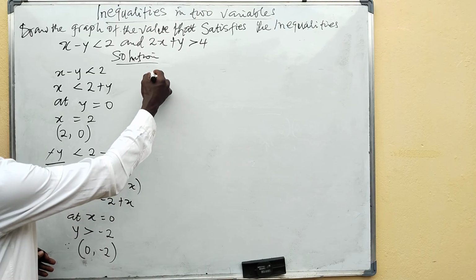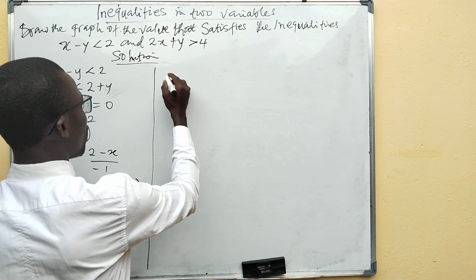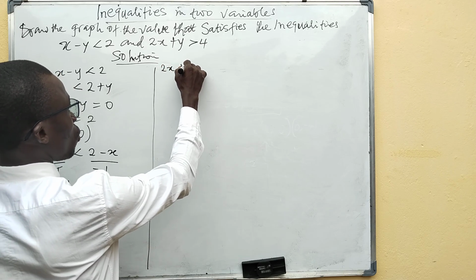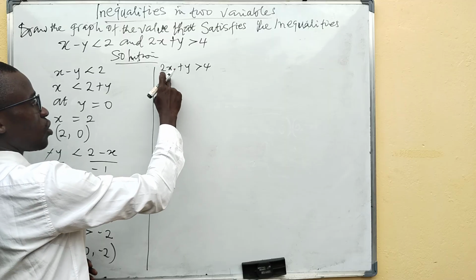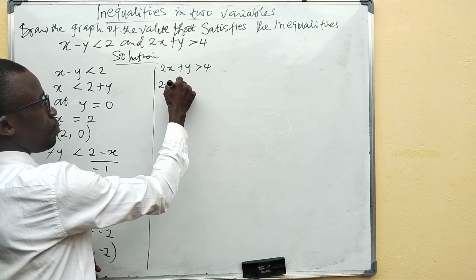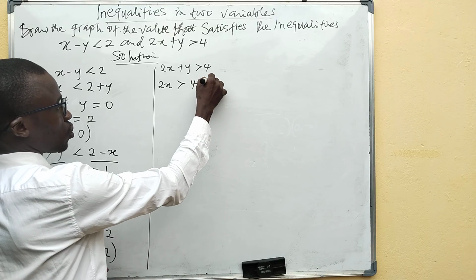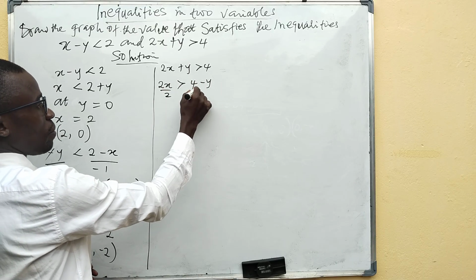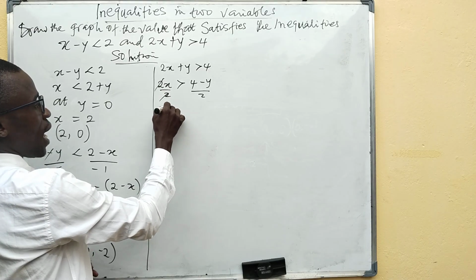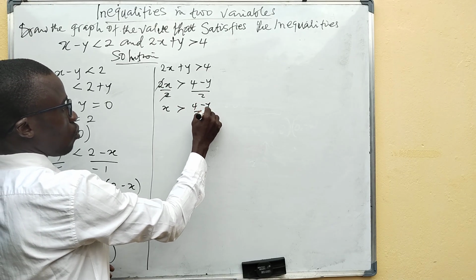Now, let's check the second inequality. The second inequality is 2x plus y is greater than 4. So what do we do? Making 2x the subject of the formula, 2x will be greater than 4 minus y. To make x the subject, we divide both sides by 2. x will be greater than (4 minus y) over 2.